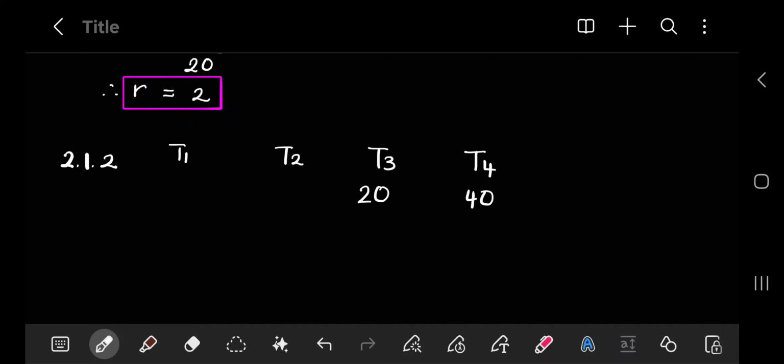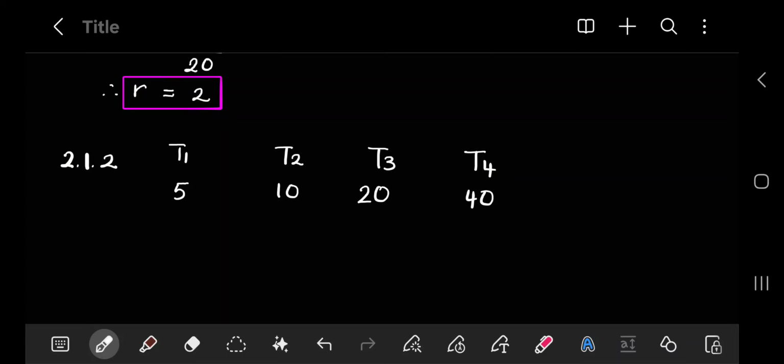So remember, when you're going forward with geometric, we are multiplying by 2. That is what the common ratio is. But when we work backwards, we are going to divide by 2. So if we take 40 divided by 2, we get 20. 20 divided by 2, that gives you 10. 10 divided by 2 would give you 5.